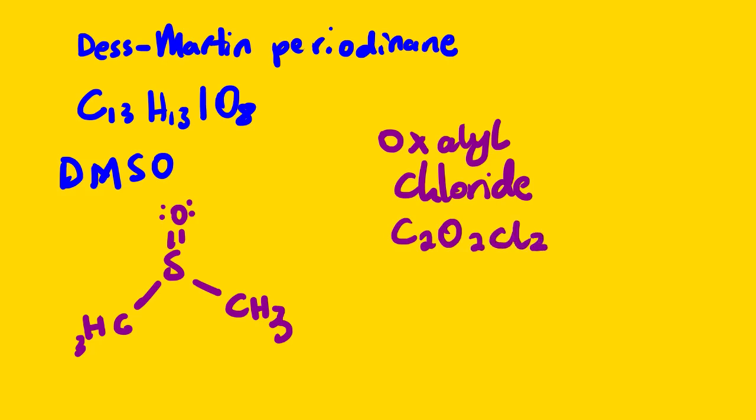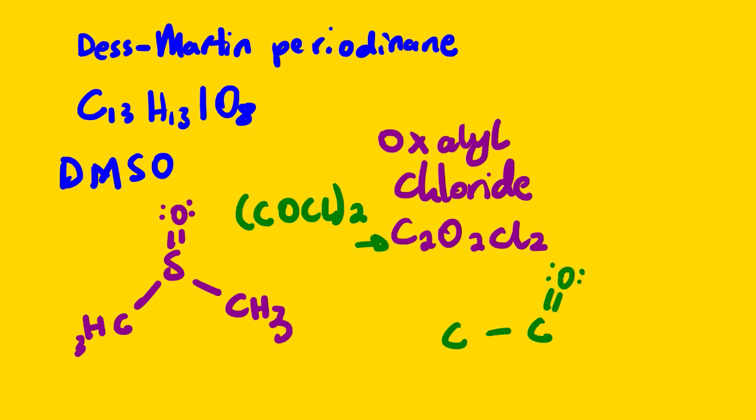Sometimes it is written like this, (COCl)2, and you should know that when you multiply, removing the brackets, you'll get the very same molecular formula that I've written here. I'm not going to dwell much on the stereochemistry, but the molecular formula is like this.